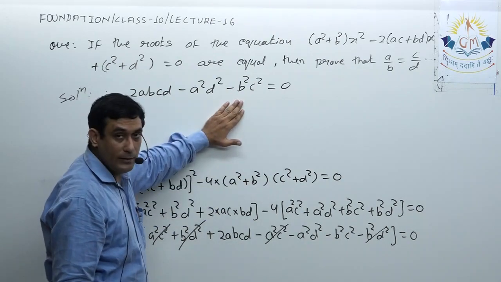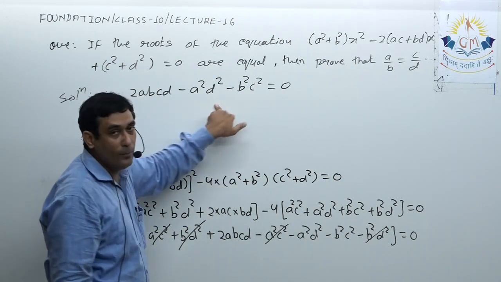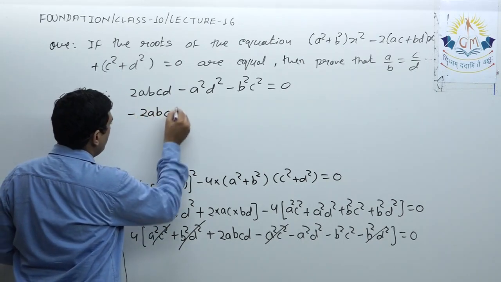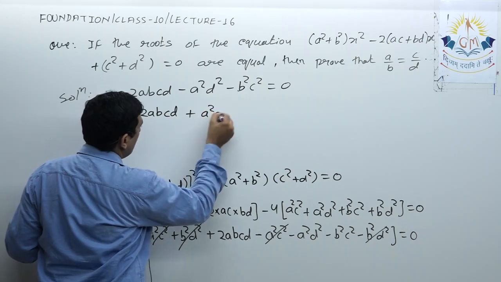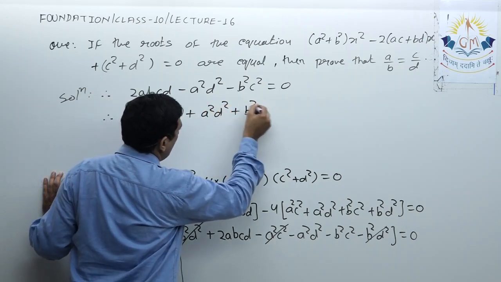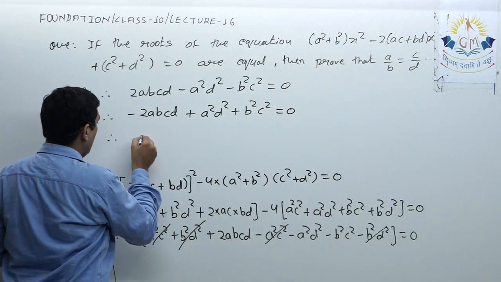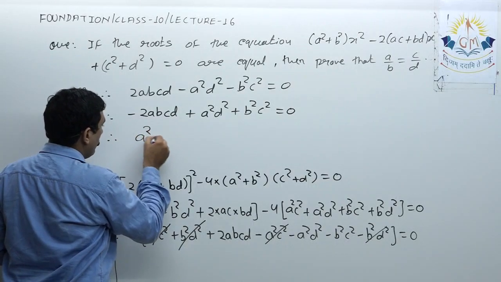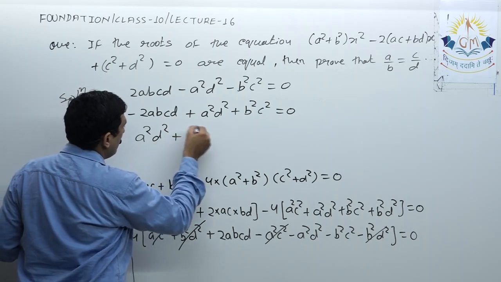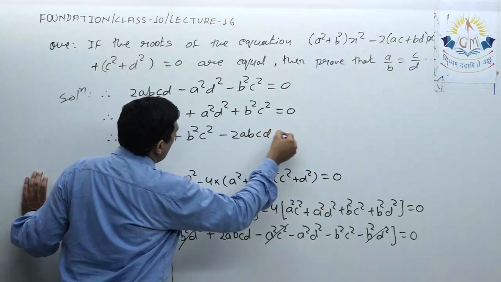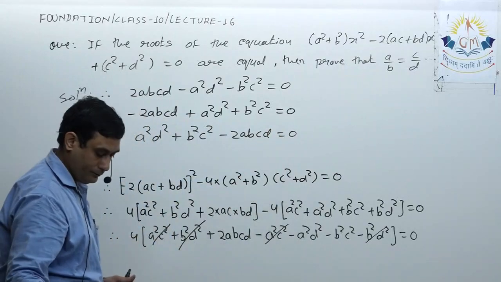Here they are negative, so I make them positive by multiplying with minus sign. So minus 2abcd plus a square d square plus b square c square is equal to 0. Finally I rearrange them: a square d square plus b square c square minus 2abcd is equal to 0.